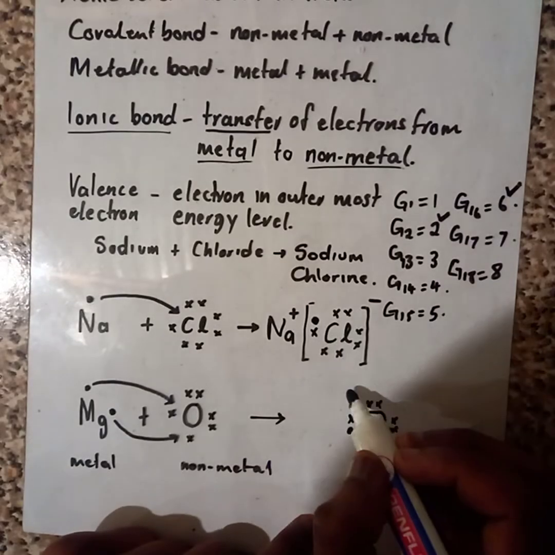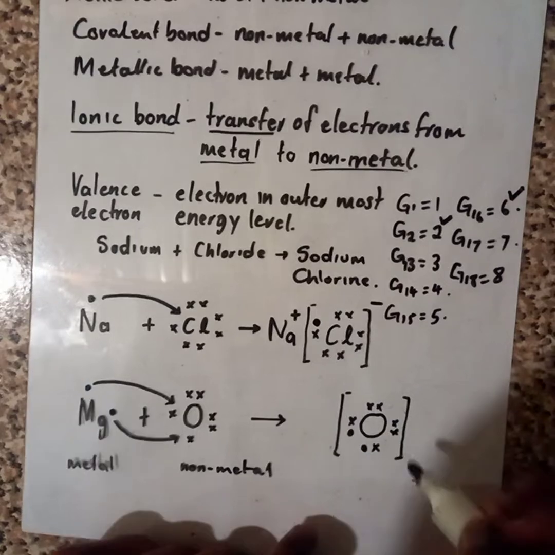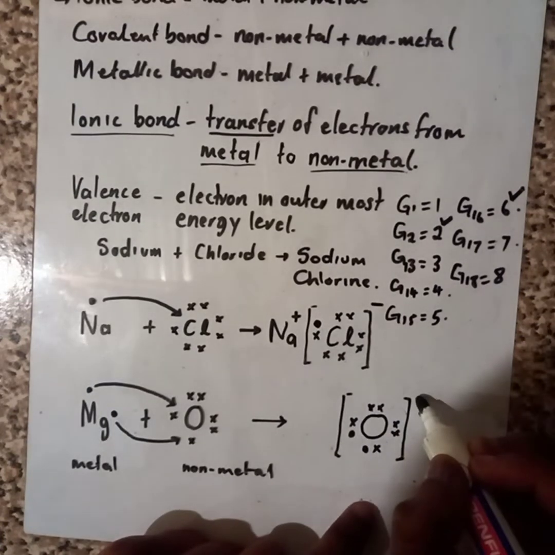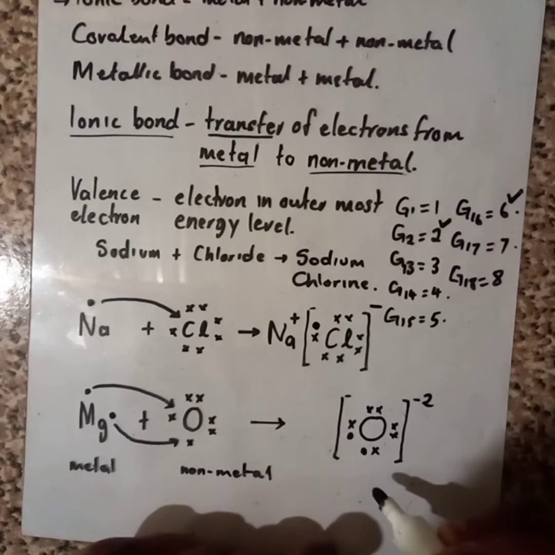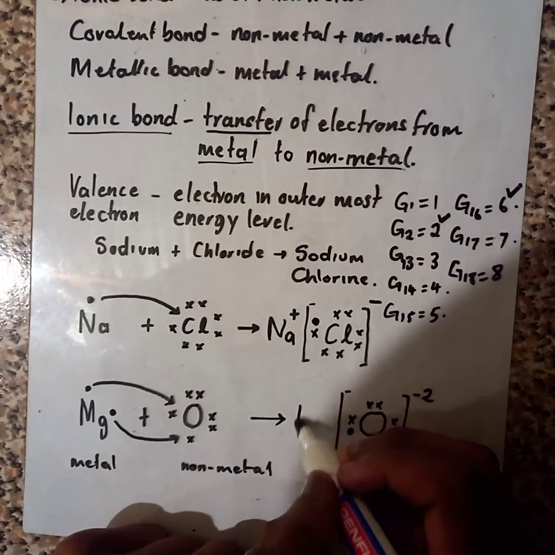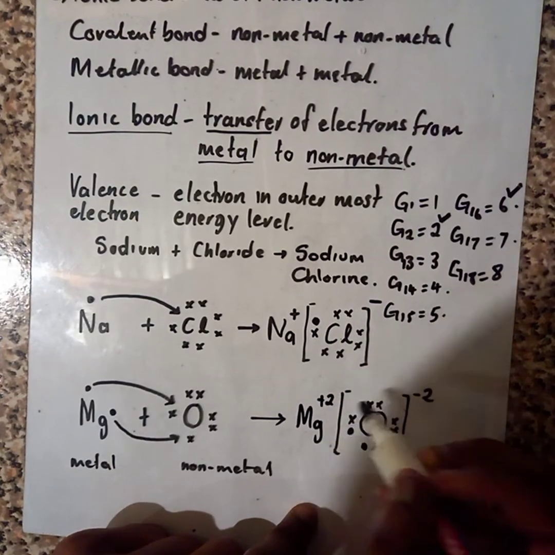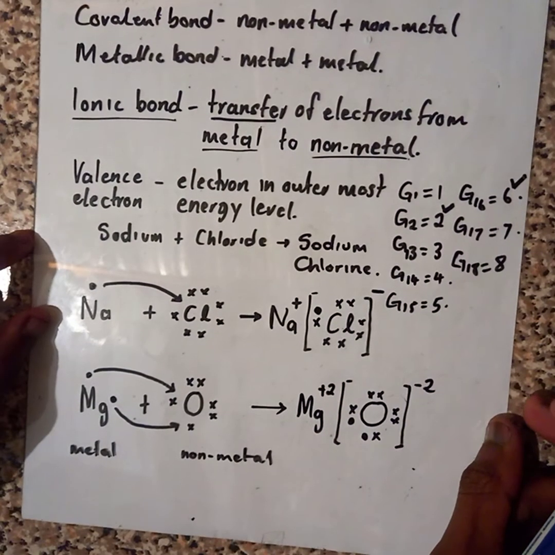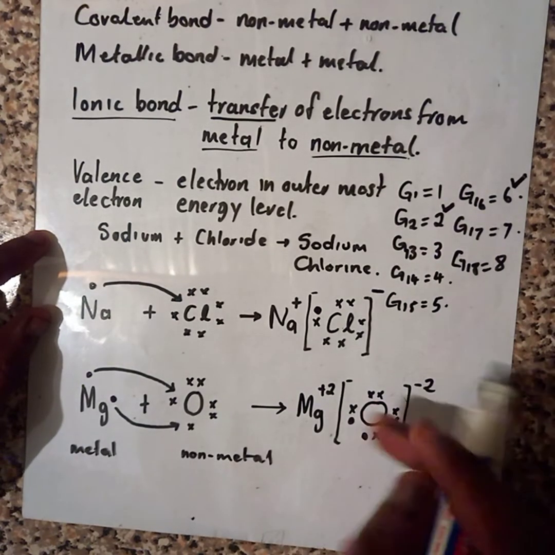You see, then how many electrons has this one received? 2 of them. Then we write -2 to indicate that it has now gained 2 electrons. Then for our magnesium, it has lost 2 electrons. You see, don't forget to indicate +2 as well as -2.